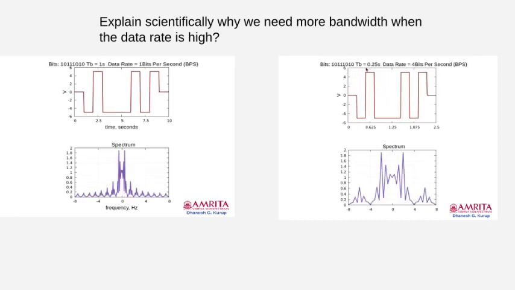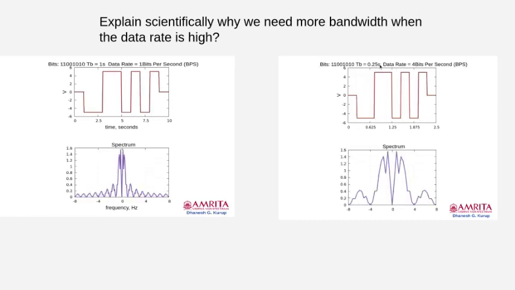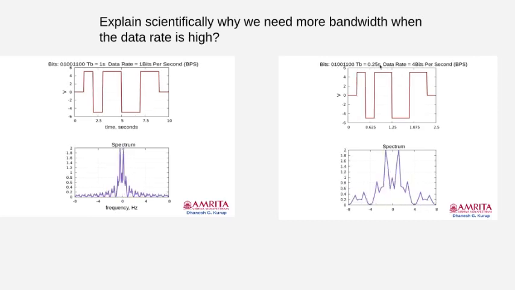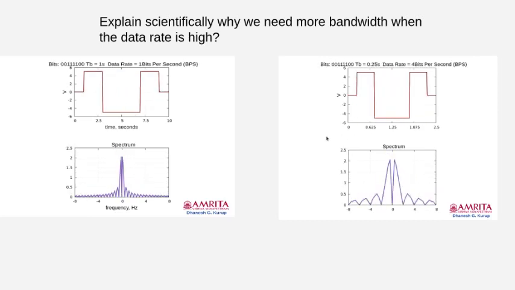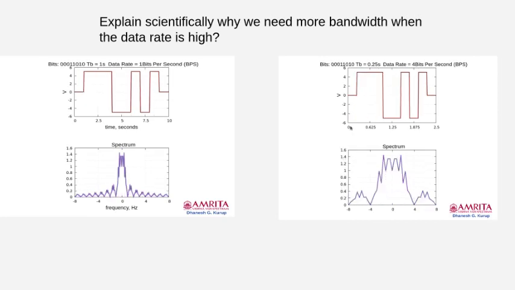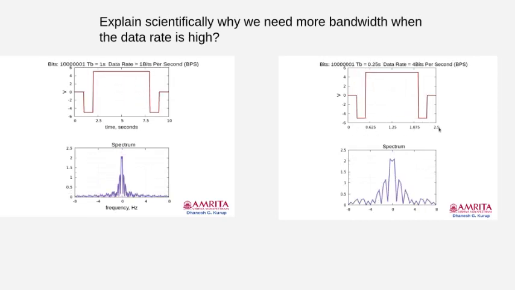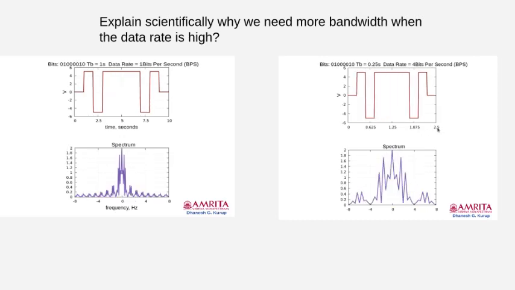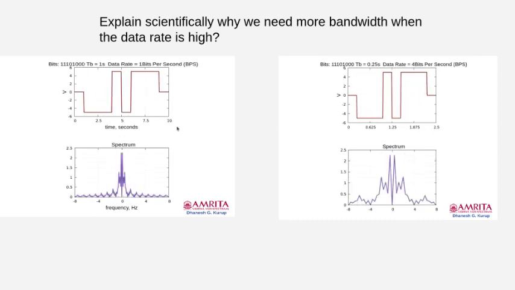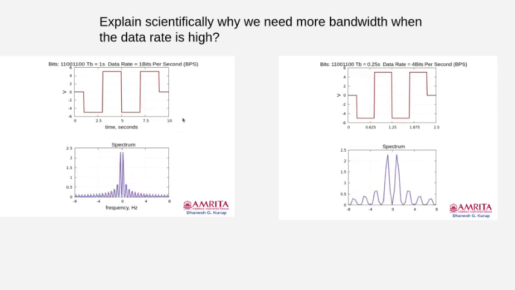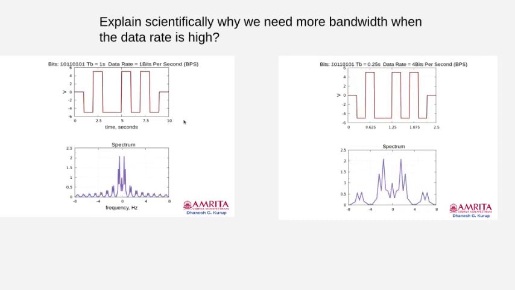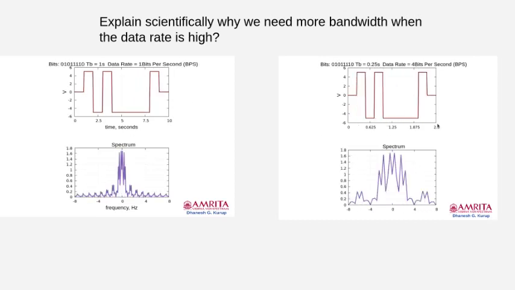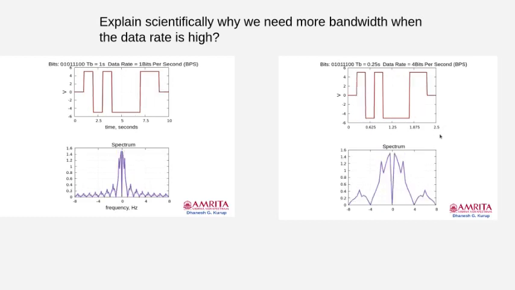In this case, one bit has 0.25 seconds. Therefore, you can see that the 8 bits took only 2.5 seconds here on the right side, and here you have 10 seconds. 8 bits took 10 seconds, whereas here it is approximately 2.5 seconds.